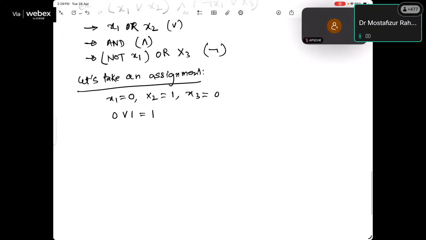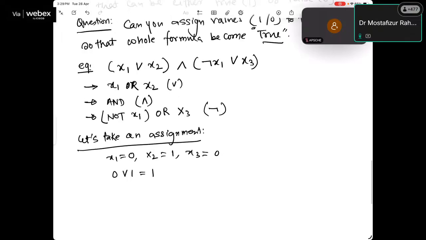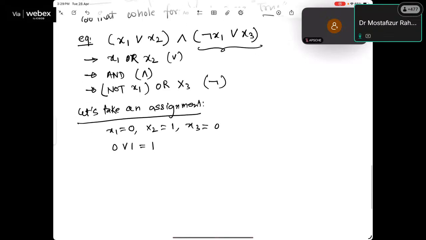And in the third clause, this part is 1 or 0. That means this is also equal to 1. And then between them, we have the logic AND. So 1 AND 1, that means I'll be getting 1, right? So this is my final output.